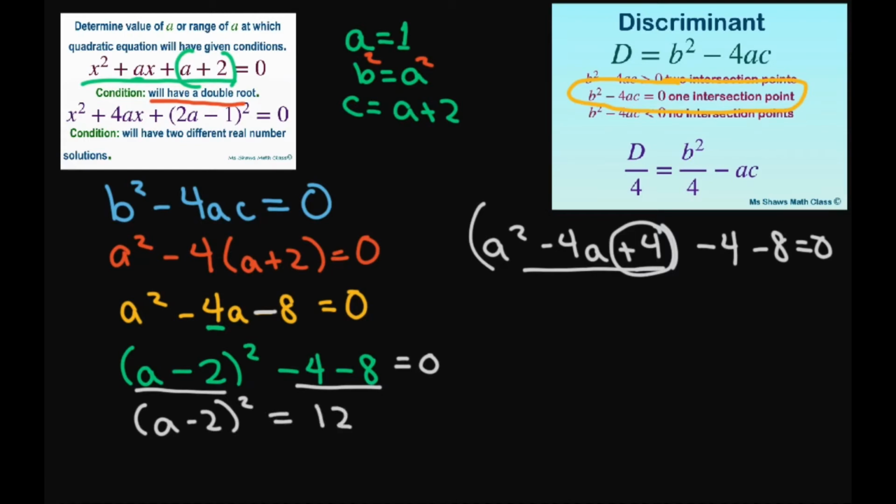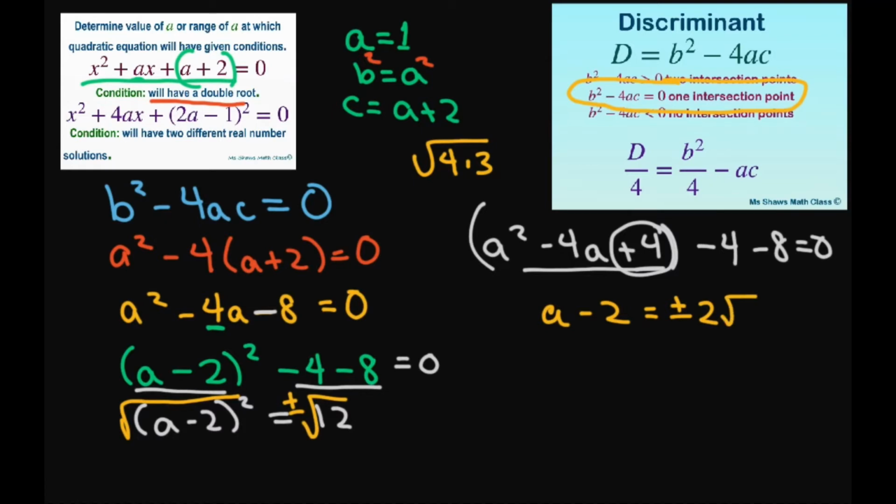It equals 12. Now if I square root both sides and do plus and minus, I'm going to get a minus 2 equals plus or minus the square root of 12. Now square root of 12 can be written as 4 times 3. So you can pull out that 2 and leave the 3 inside the radical.